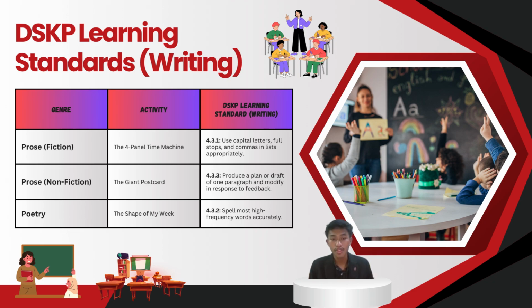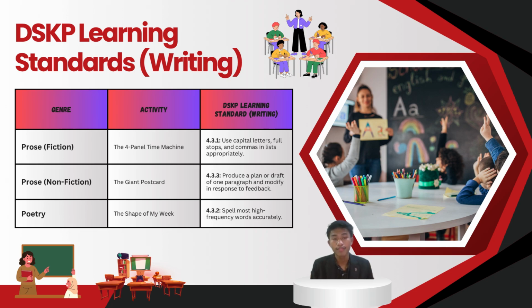And the last one is poetry. Basically, they need to do something related to a poem. The name given is the shape of my week, and the DSKP learning standard is 4.3.2, which is spell most high frequency words accurately.